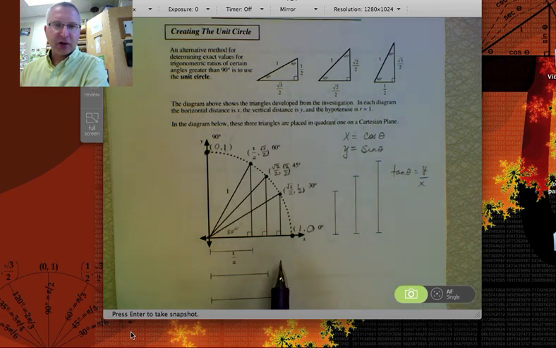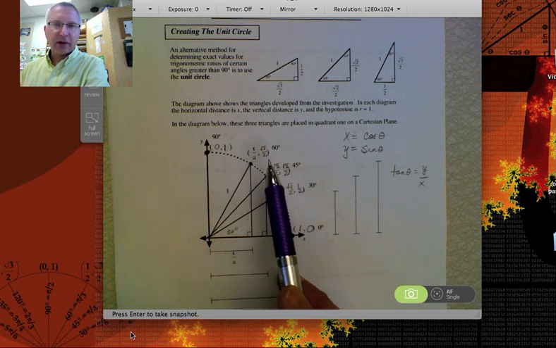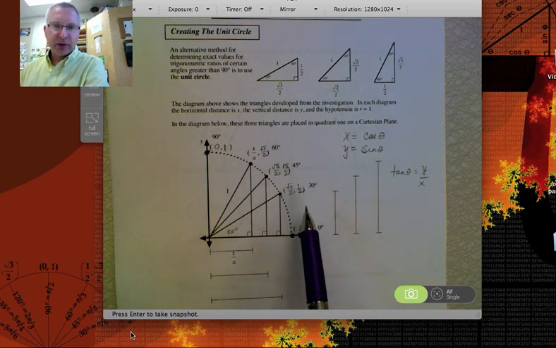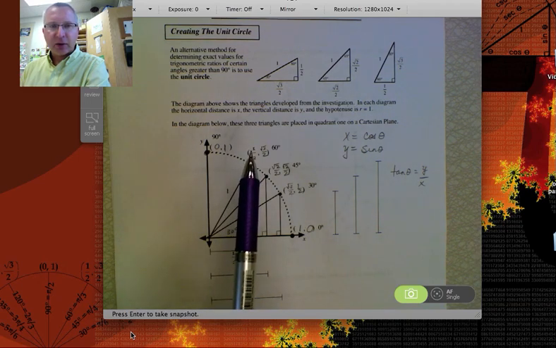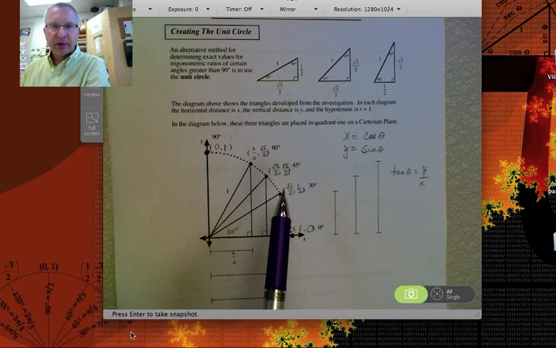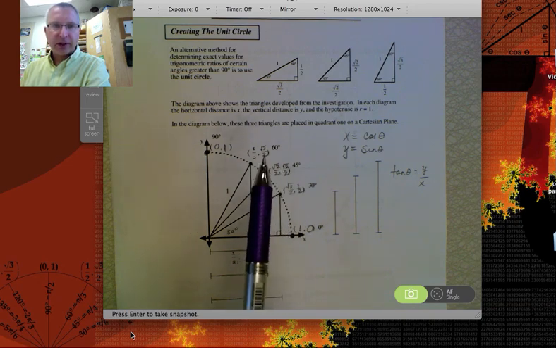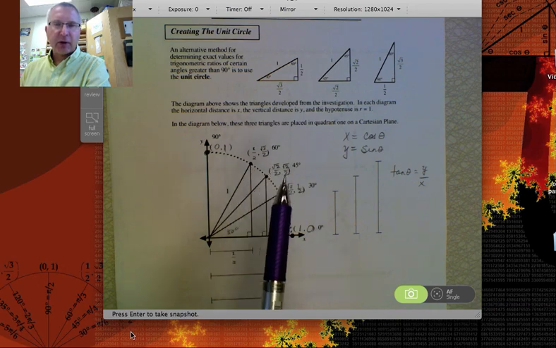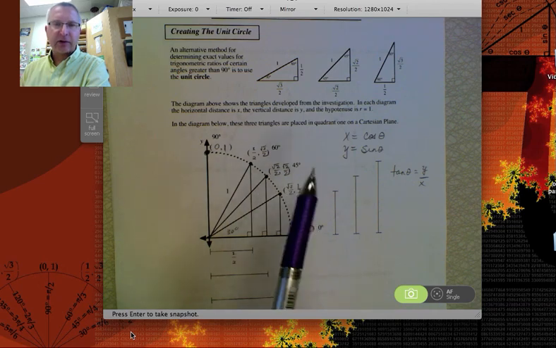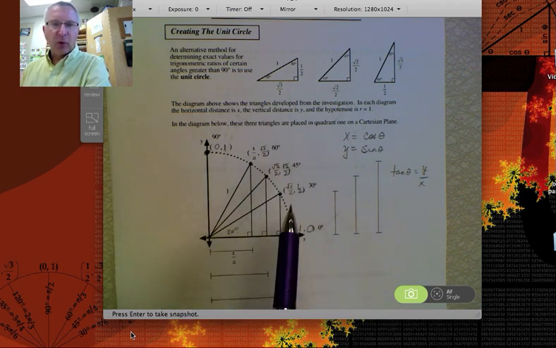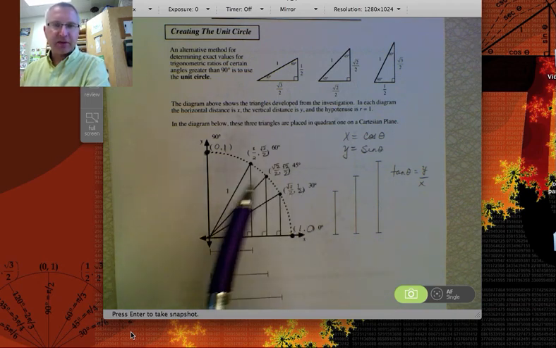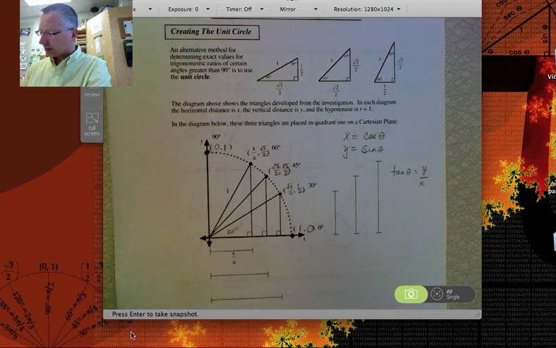Everything that is not a 1 has a radical on it, and all of our denominators are 2. So if we do that again, our numerators are 1, 2, 3, and 1, 2, 3. Everything that's not a 1 has a radical on it, and all of our denominators are 2. So you should be able to quickly hammer out what this first quadrant of our unit circle looks like.